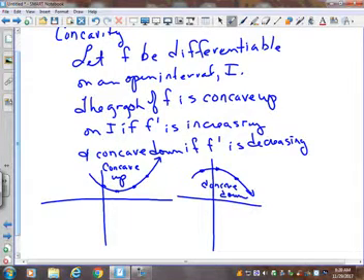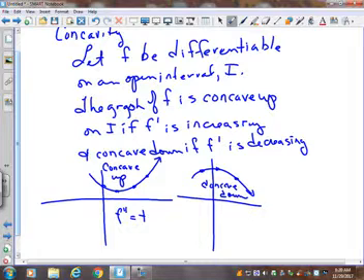For a graph to be concave up, your second derivative must be positive. So that means your second derivative would show on each side of your max or min that it's positive. When your graph changes from positive to negative, it causes an inflection point.